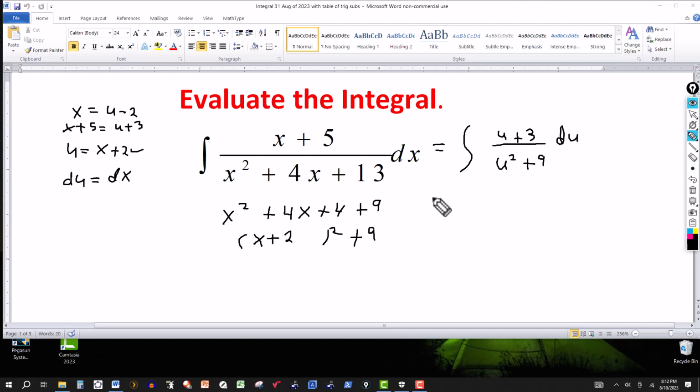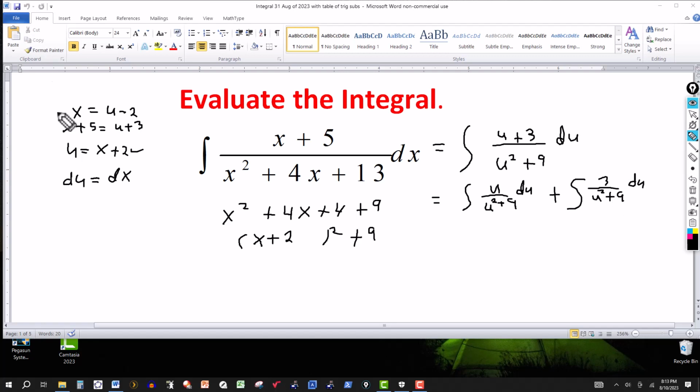And now we continue. I'm going to break this up into two integrals, so I'm going to write this as the integral of u over u squared plus 9 du, plus the integral of 3 over u squared plus 9.